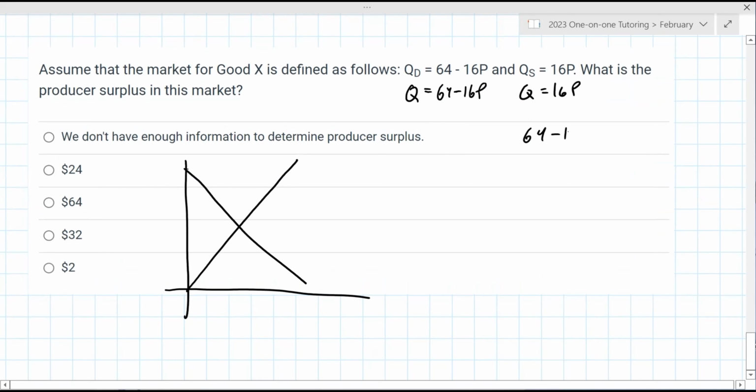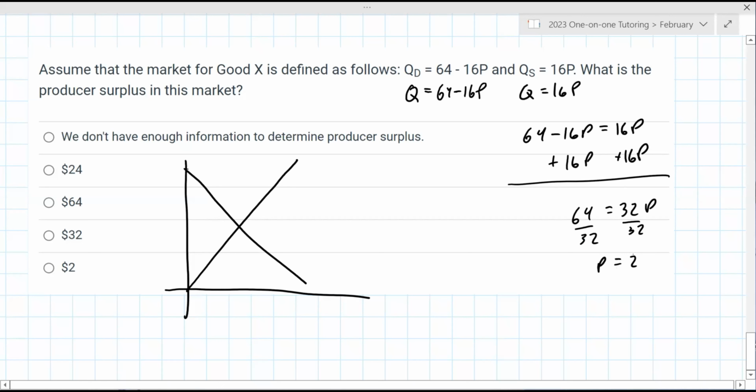You set them equal to each other. To solve, you're going to add 16p to both sides. 64 equals 32p. Divide by 32, so p equals 2. That's the price here.